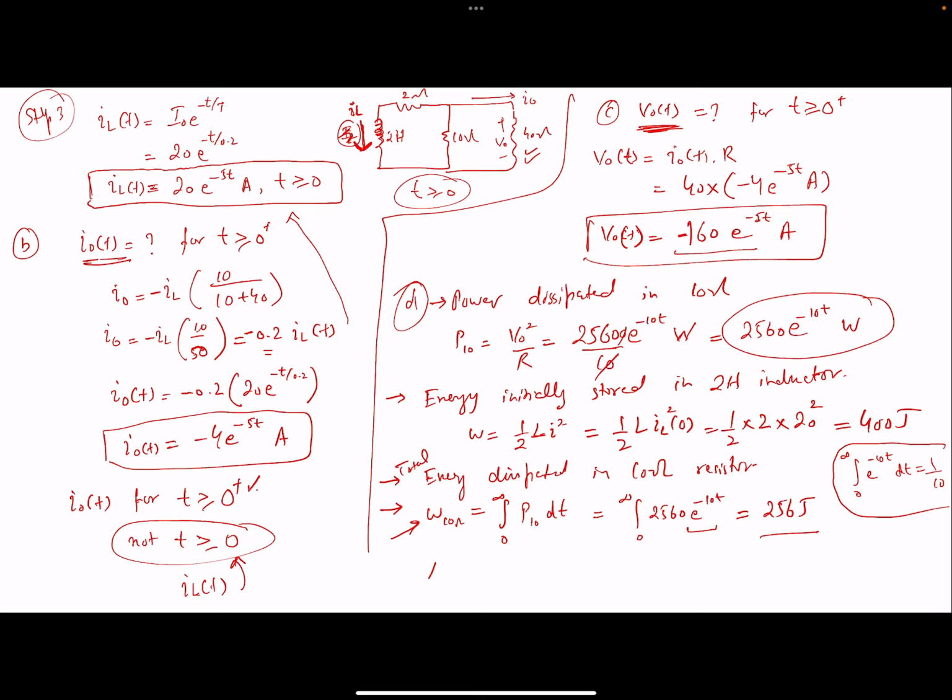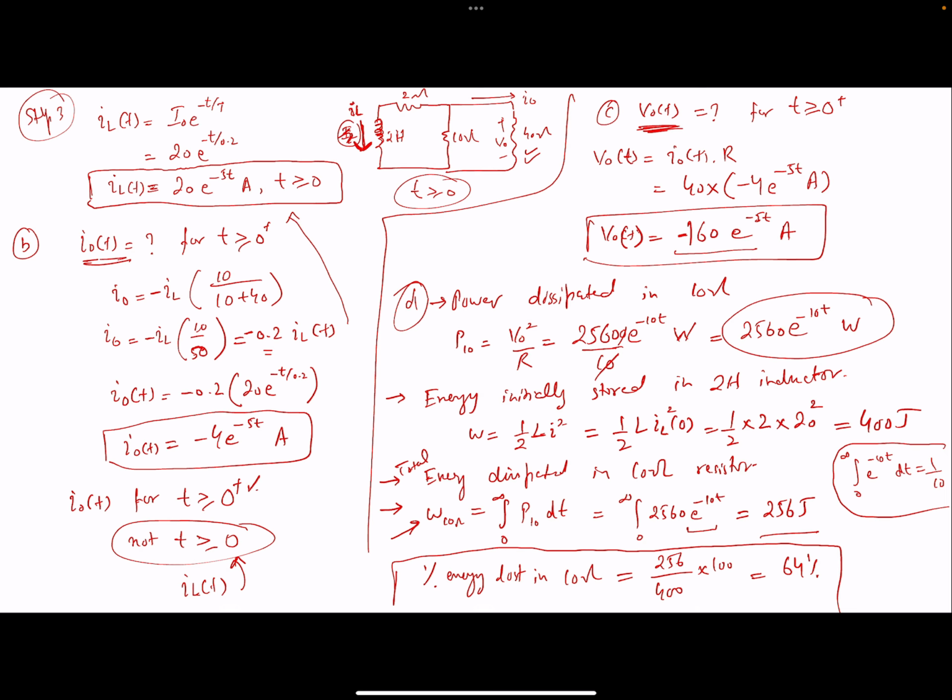So the percentage of energy lost in the 10 ohms resistor comes out to be 256 divided by 400 times 100, approximately 64%. So 64% of the energy got dissipated in the 10 ohms resistor and the rest in the other resistors.